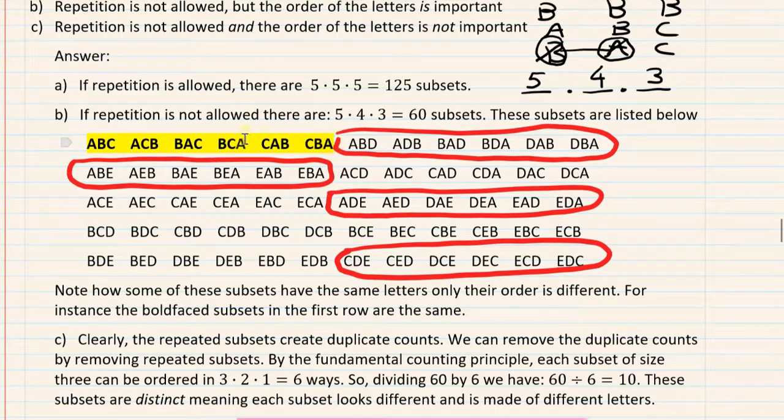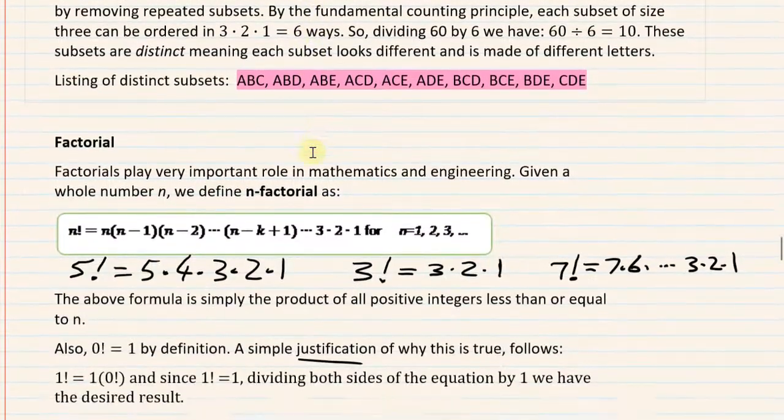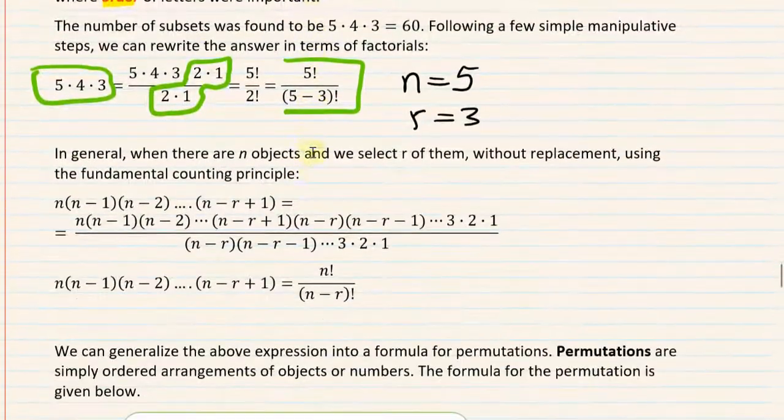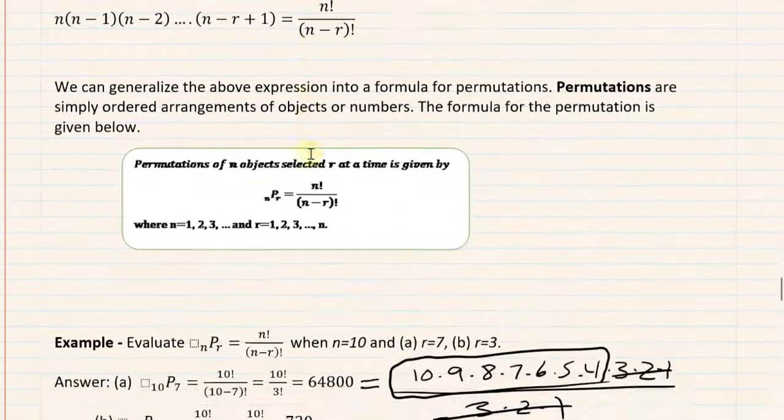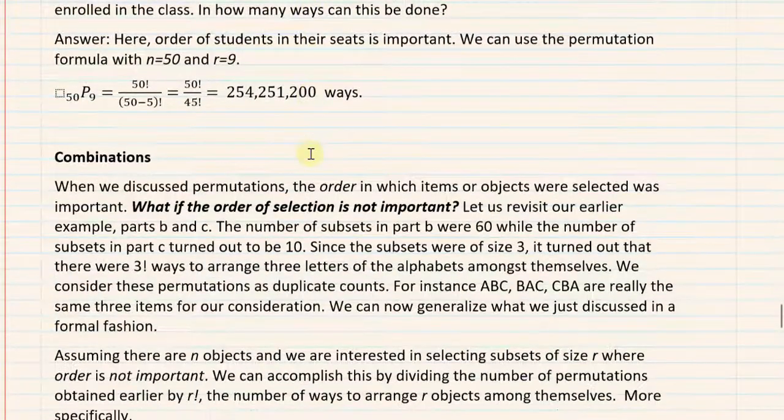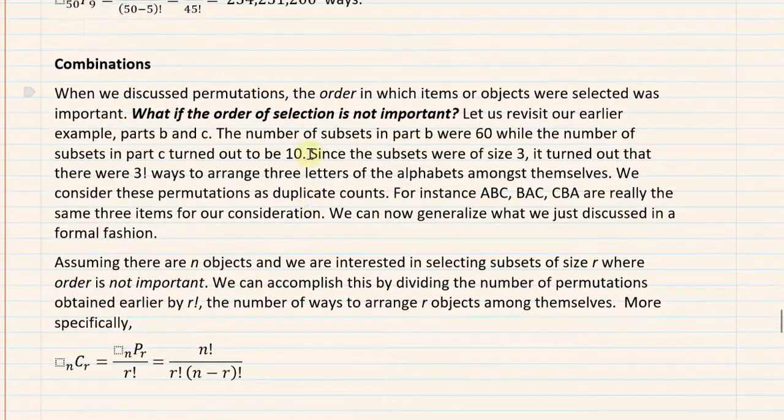There are 3 factorial arrangements of subsets of size 3. If your subsets are size 4, there are 4 factorial ways to rearrange those subsets. So, to make a long story short, if order doesn't matter, then we can remove the duplicates, and that's what the denominator of this formula is doing.